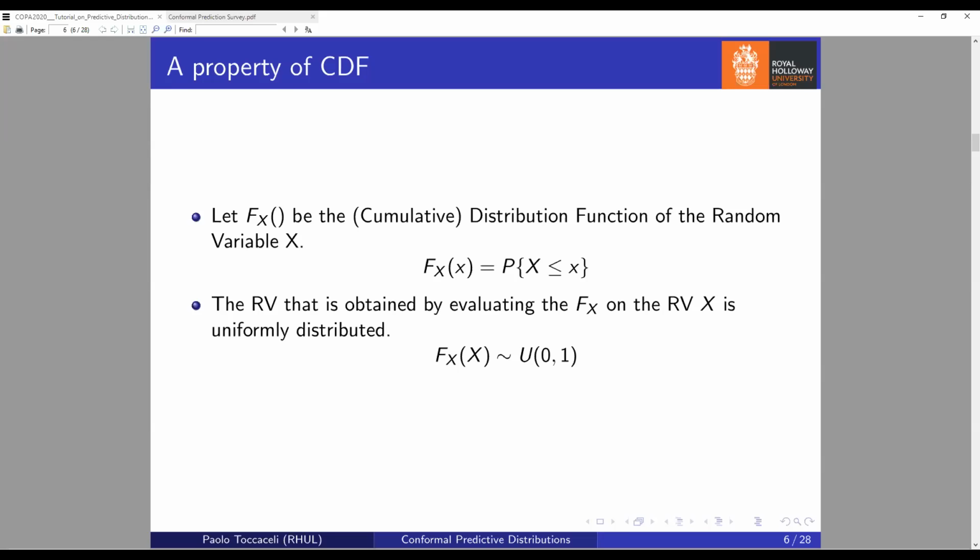This can be proved for a continuous cumulative distribution function, but we can also relax that condition, and we have to change a little bit the sense in which this is true. But this is important to understand and accept the definition that I'm going to show in a moment.